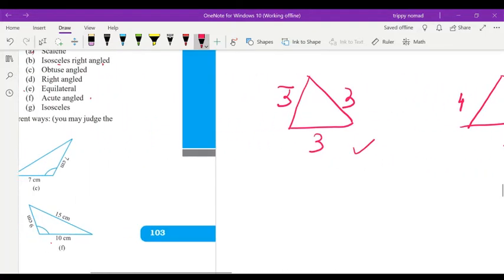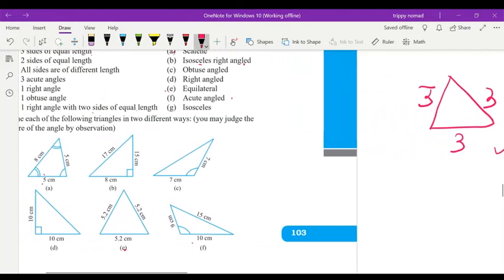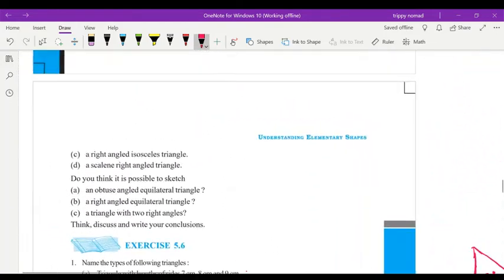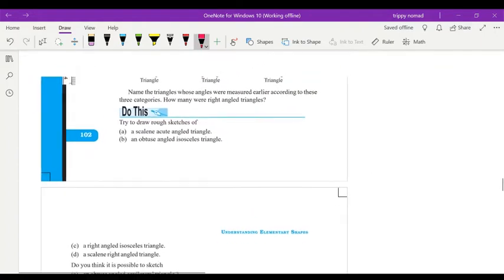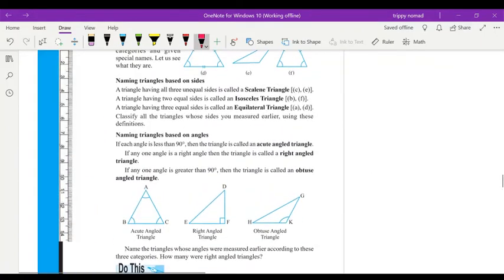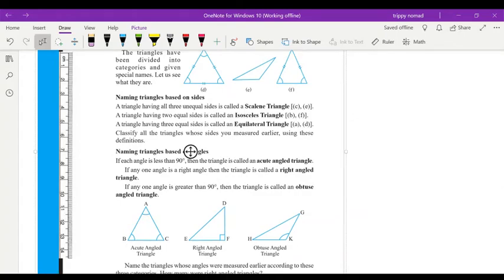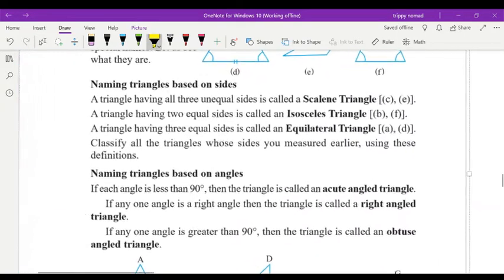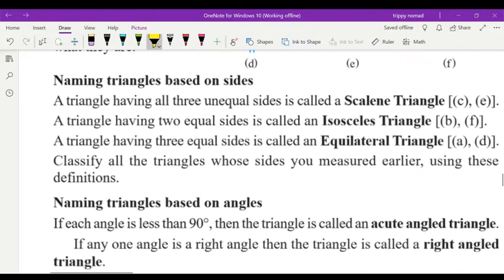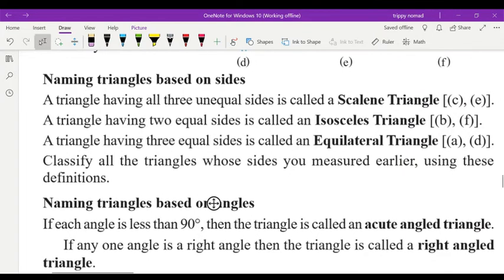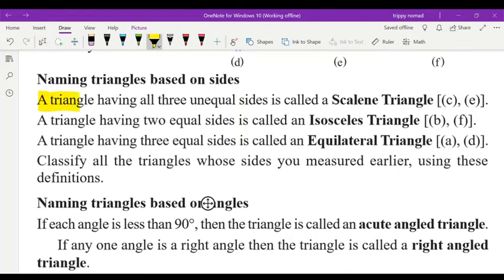Here you see the definitions given in your textbook also. You have to write from your textbook the naming of triangles based on sides. A triangle having all 3 unequal sides is called scalene, and you can see the diagram in the book also.